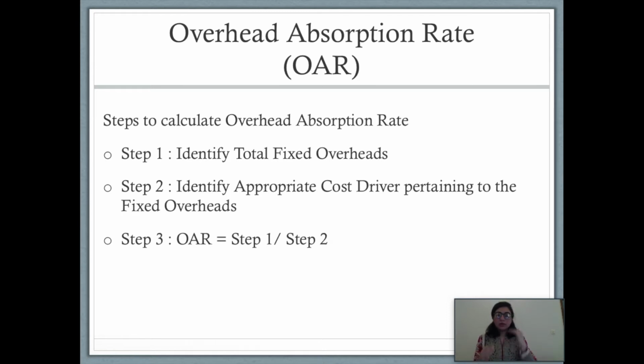Now, can you remember the cost matrix we've already done? When I said overheads, it should have come directly to you what overheads are, and that was the indirect cost column, right? So the indirect cost column, both variable and fixed, are a part of overheads.